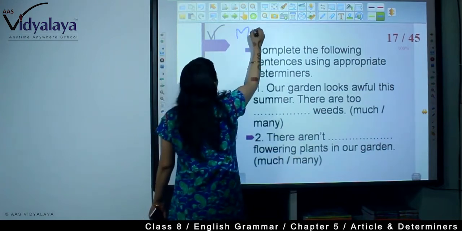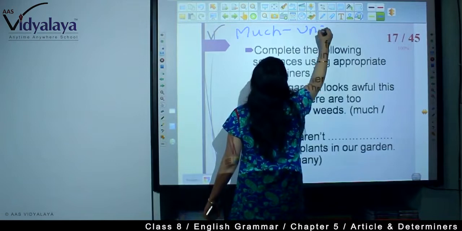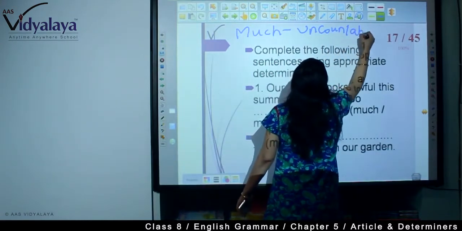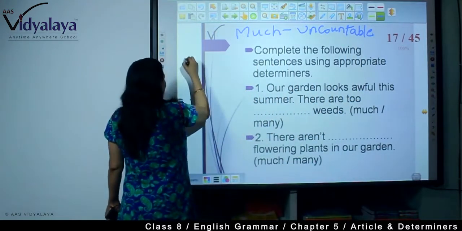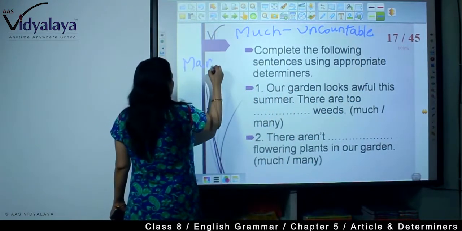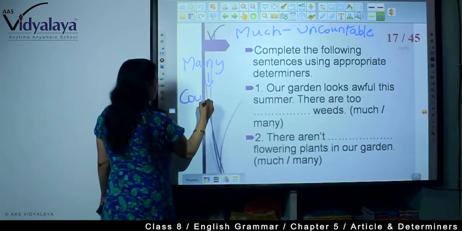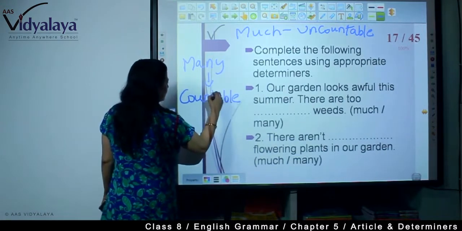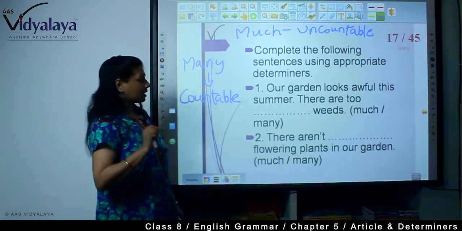Always remember, much for uncountable and many for countable. So that is, much for uncountable, many for countable.